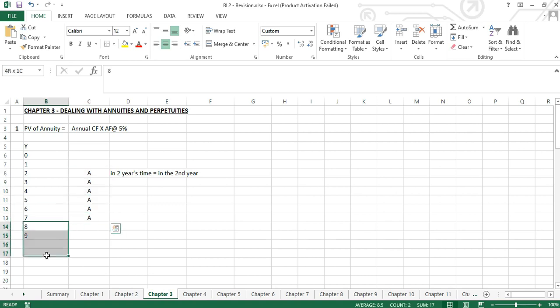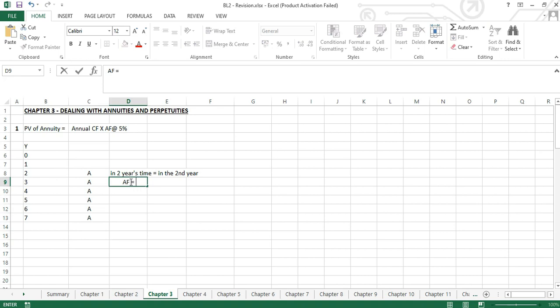You all must be aware that annuity factors are calculated from year 1, as additions from year 1. So if we multiply the annuity factor for year 7 straight away to our annual cash flow, we will actually get the present value at year 0, not of year 2.